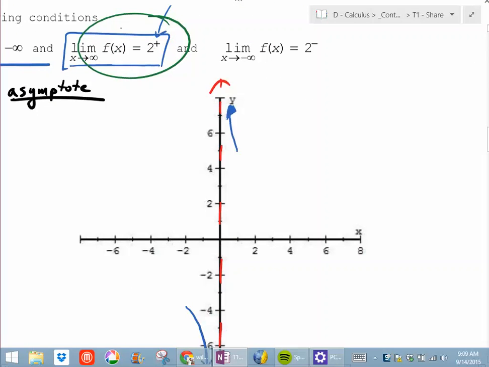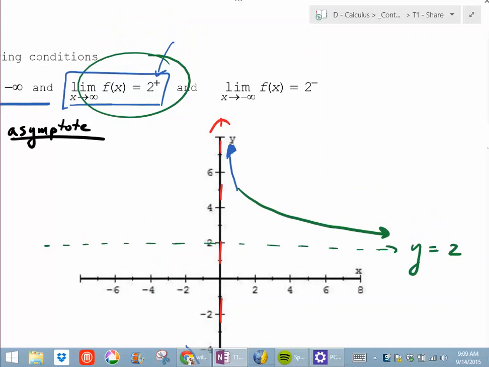It's a horizontal line. So here's our horizontal line right here. Y equals 2. So as x gets infinitely big, what does the function do? It gets infinitely close to 2. So we'll end up with that.